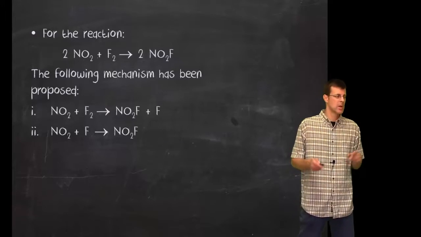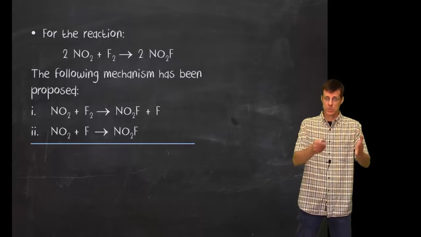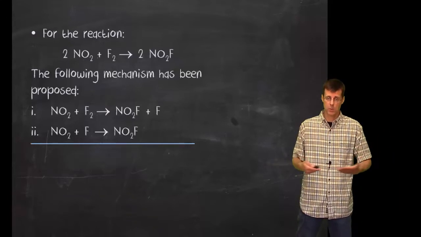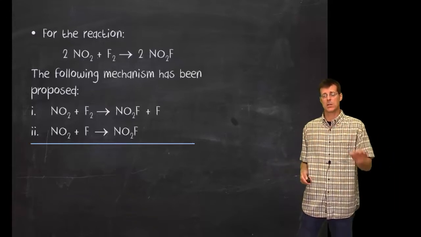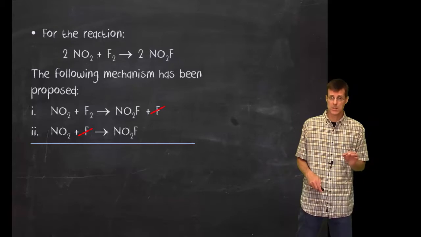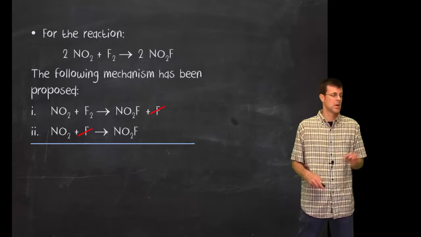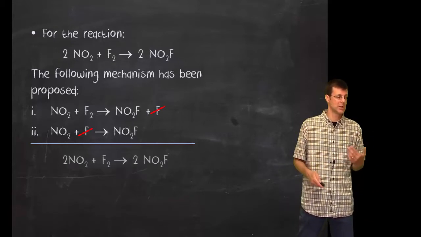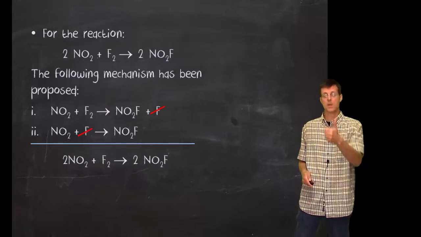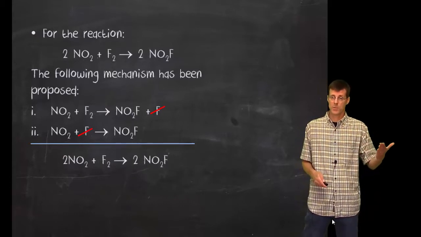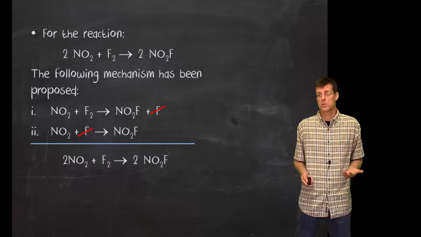That's a better question. Well, one of the things to look for is, do we get the overall reaction? If I cancel out the reaction intermediates, and there's not many in this case, but if I cancel out the reaction intermediates, do I get the overall reaction? Yes. So that means that proposed mechanism is reasonable.